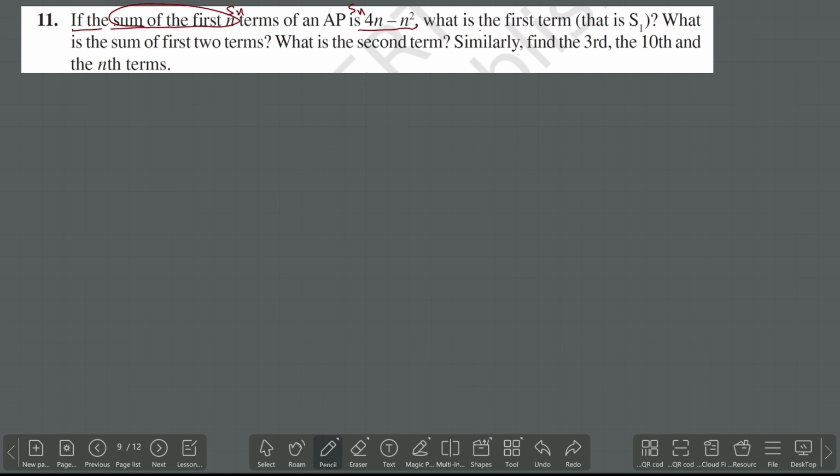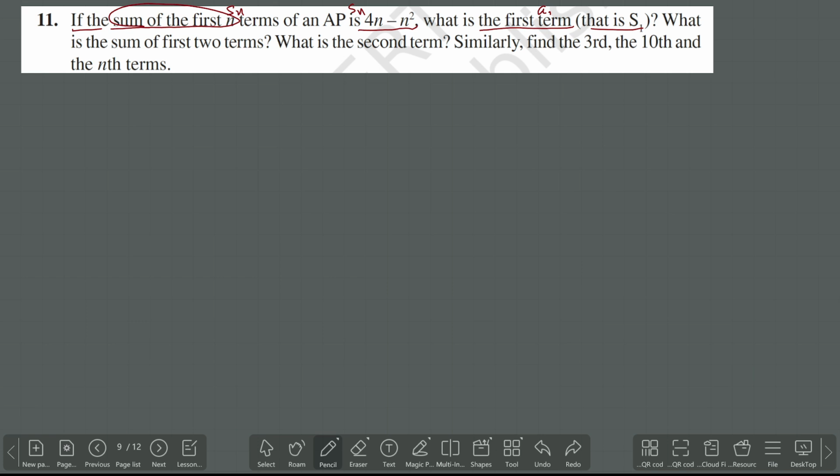What is the first term? First term in the sense A1. They have put A1 in brackets, which is S1. When I gave the introduction about the Sn formula, I told you S1 equals A1, and A1 equals A. Both are the same. Do you remember that?